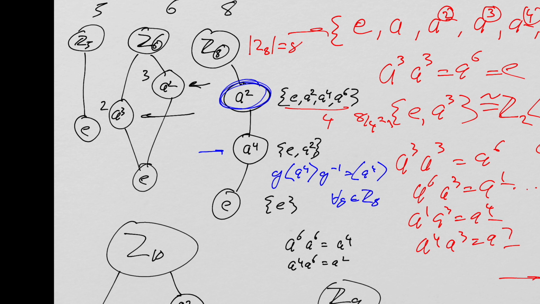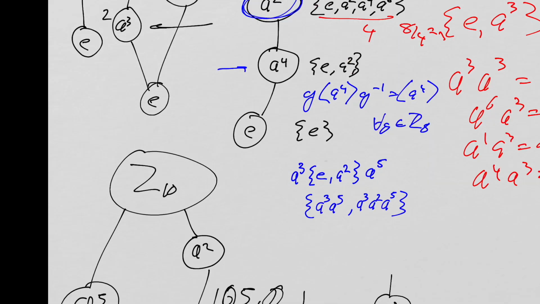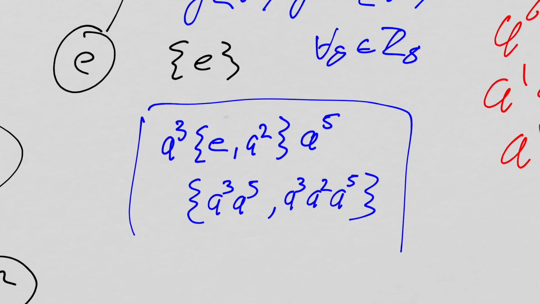You can check it. And just as an example, I'll calculate it right here, right? And what I'm doing is I'm multiplying on the left by A cubed, which is a G that's in Z8, and I'm multiplying on the right by A fifth, which is the inverse of A cubed, because A cubed times A fifth is A to the 8, which is the identity.